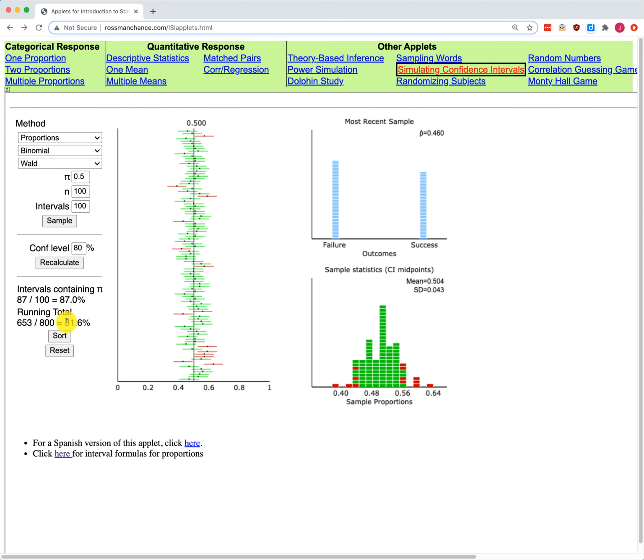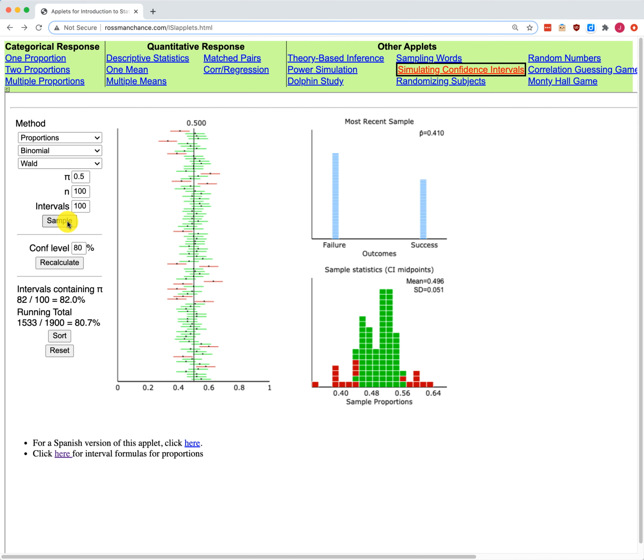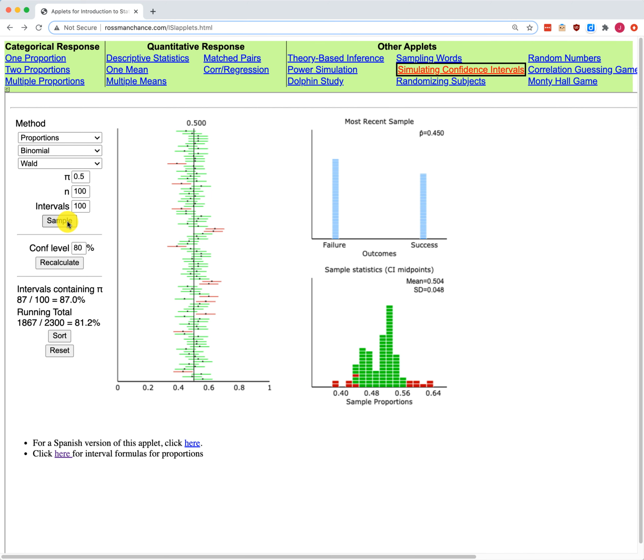And then here's our running total. We've done 800 intervals overall. Look at this proportion and see how it changes. If I keep pushing sample, what do you notice about that proportion? So I'm up to 2,300 intervals created. What do you notice about that percent?